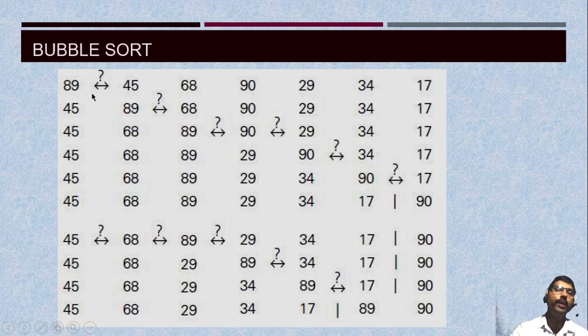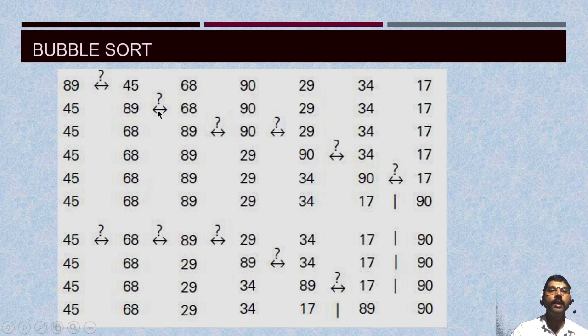If you take this example, you compare the first with your second element. You find that 89 is larger, and this is called j, and this is called j plus 1. You find that j plus 1 is smaller than j, so you do the swapping.